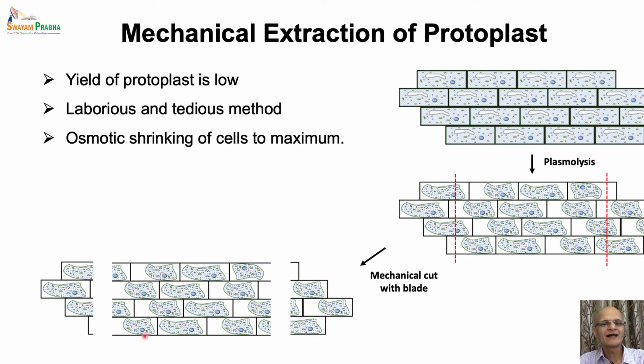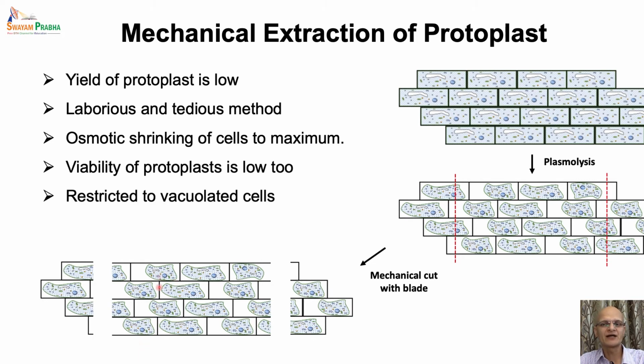Also, it has been found that the viability of the protoplast prepared through the mechanical extraction method is usually low as compared to the other methods. So the osmotic shrinking may interfere with the physiological capabilities of the protoplasts.